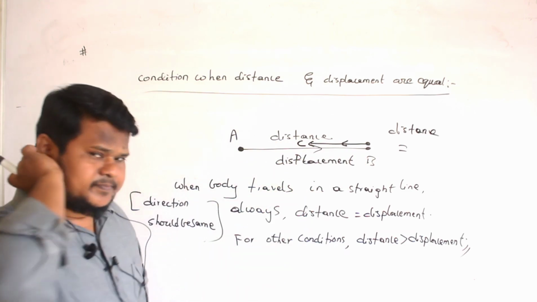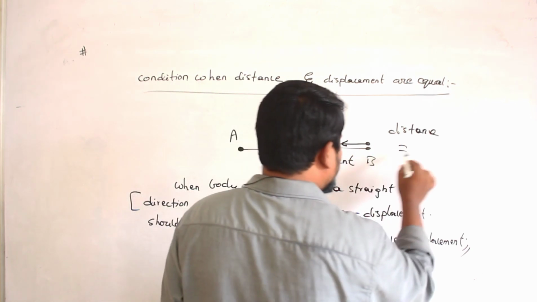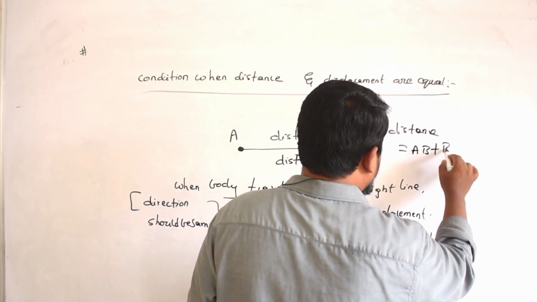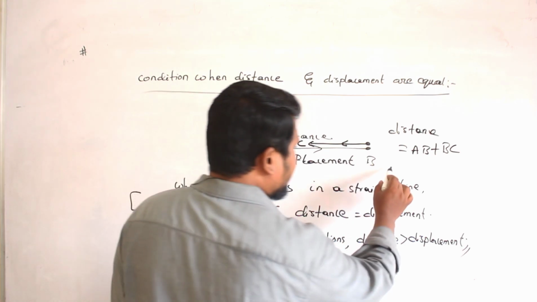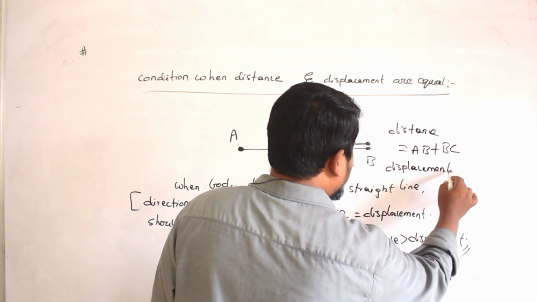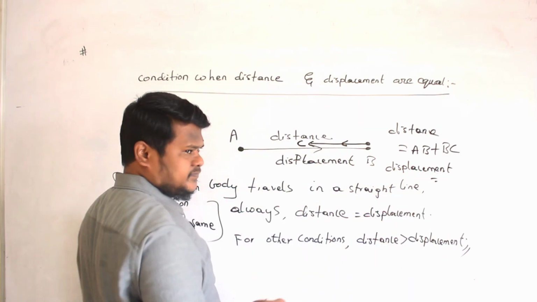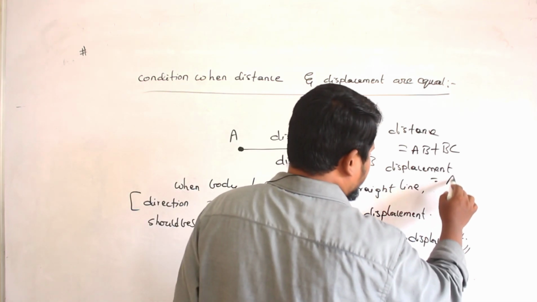Total length we have to consider, no? So distance will be AB plus BC. Displacement will be AC, from A to C. That is the displacement. Clear now?